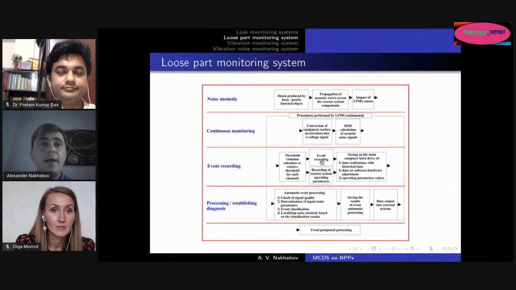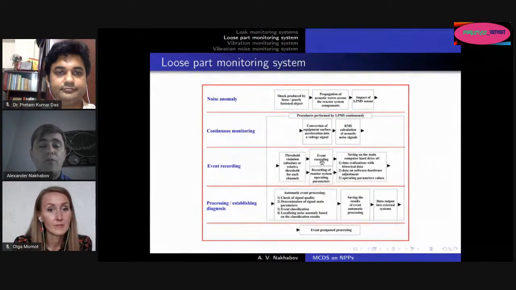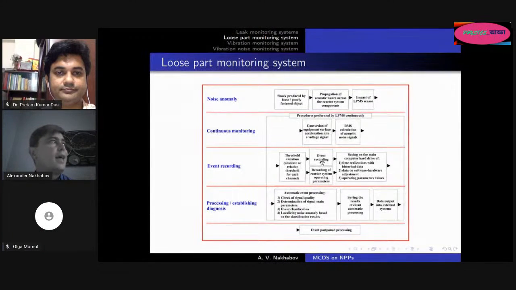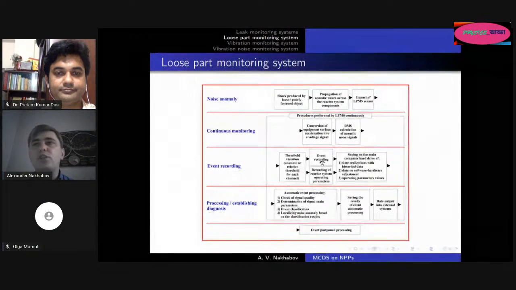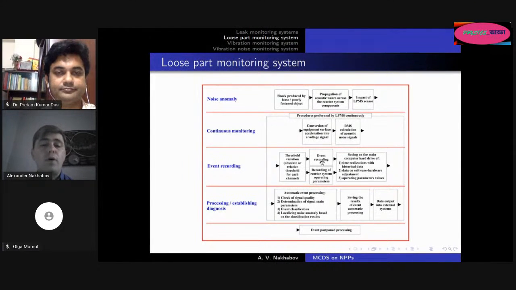But anyway, it's very important as well to have some recording of the event, to provide possible research and investigation after operation, because different situations are possible. You see saving on the main computer hard drive, like some storage.